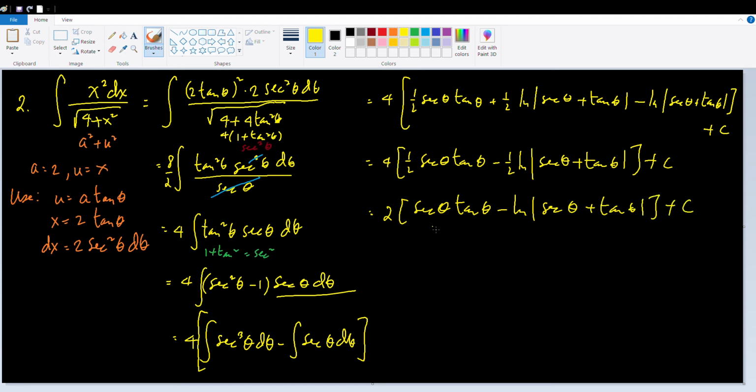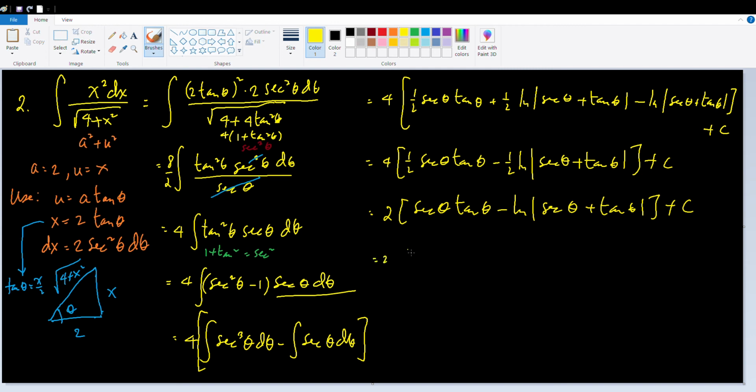We shall now define secant and tangent from our substitution earlier. So we have the right triangle here. Theta, tangent theta is x over 2, opposite over adjacent. So the hypotenuse is the square root of 4 plus x squared.